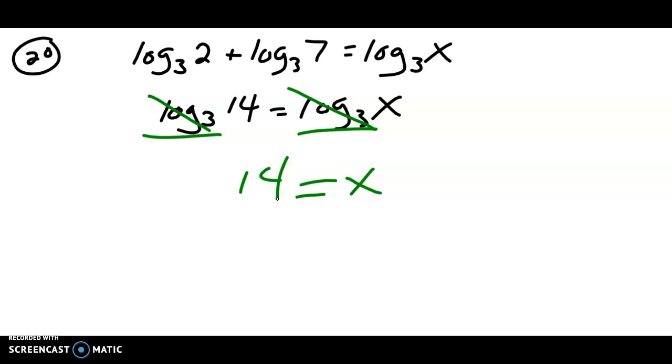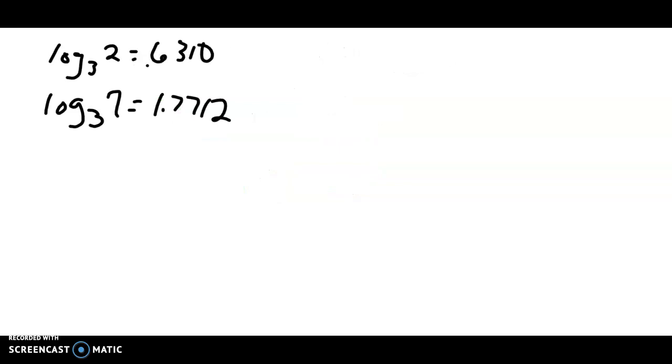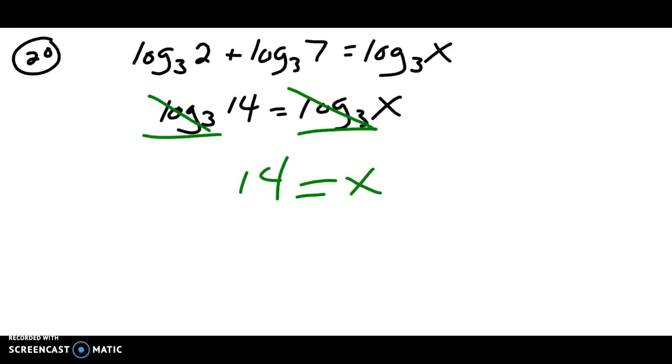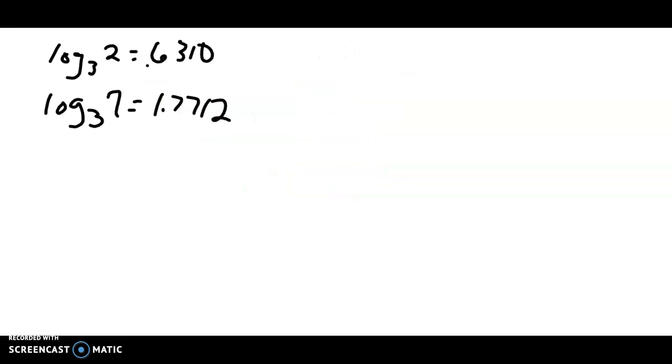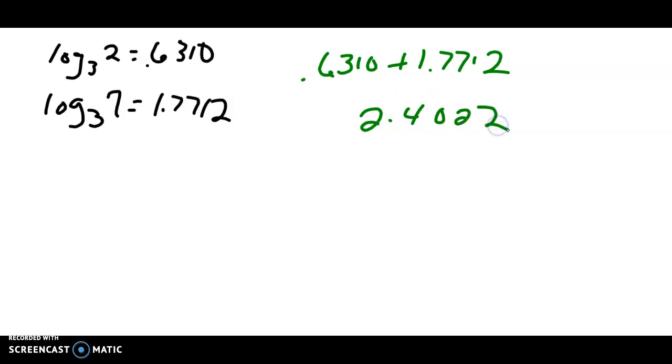Now, what does all this mean? Well, since we had these two things just a few minutes ago, and in this problem, what we were actually doing is we were adding those two things together. Let's add these two things together again. 0.6310 plus 1.7712. If I add those together, I'm going to get 2.4022.